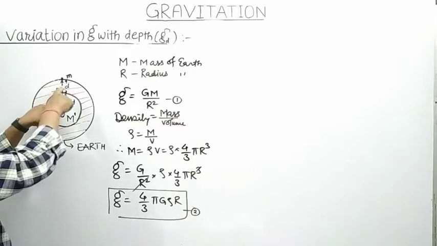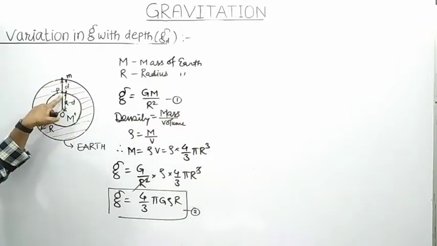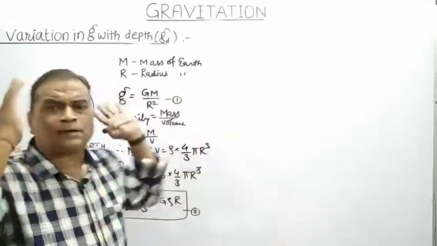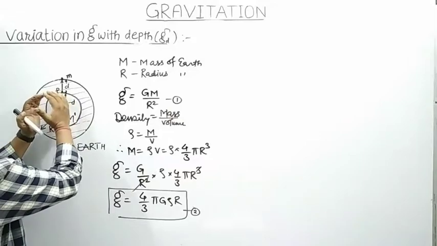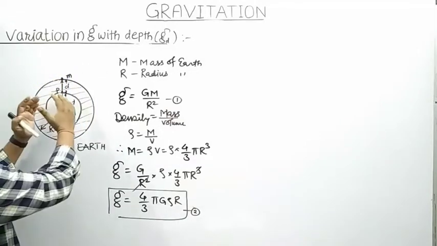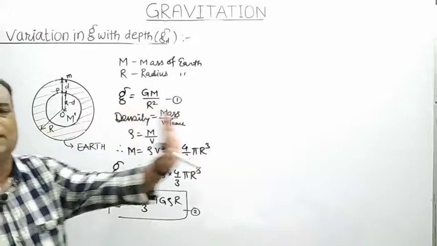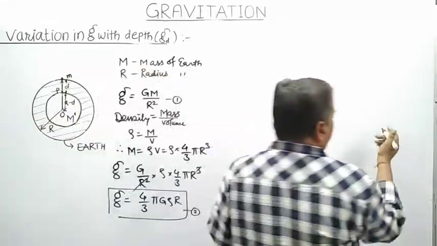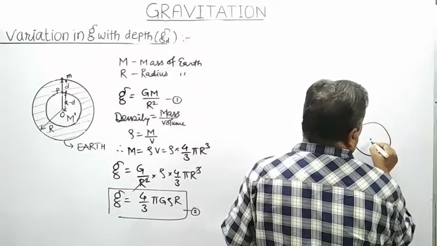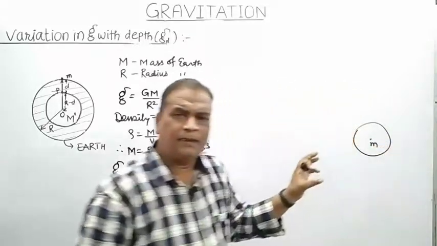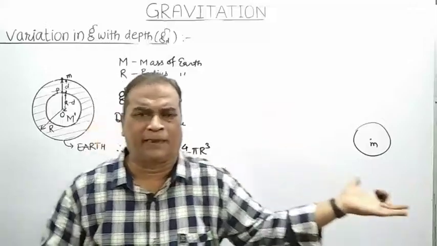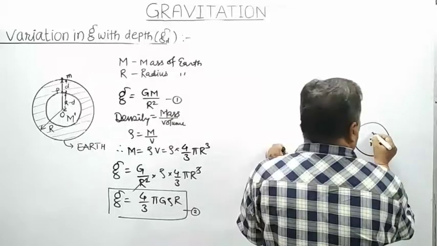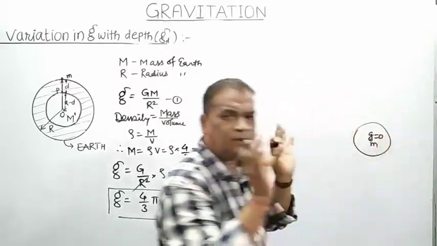When the object is kept at a depth d below the surface, the force exerted over that object by the material lying outside the inner sphere is 0, because it is spherical in shape, and we already studied that whenever a point particle is kept anywhere inside a spherical shell, the gravitational force or the acceleration due to gravity on it is equal to 0.